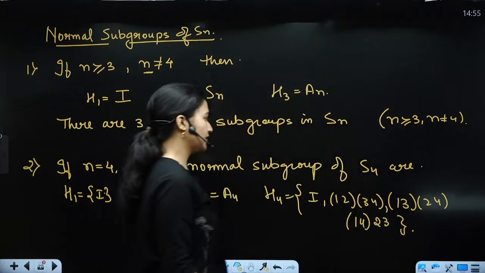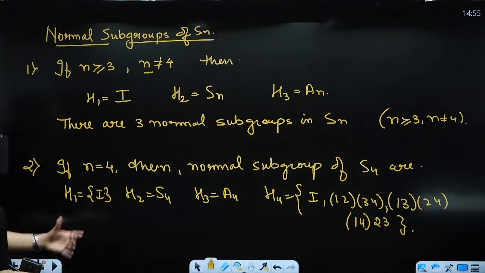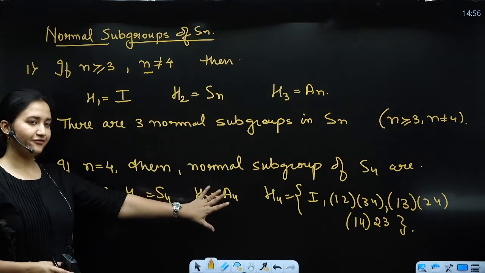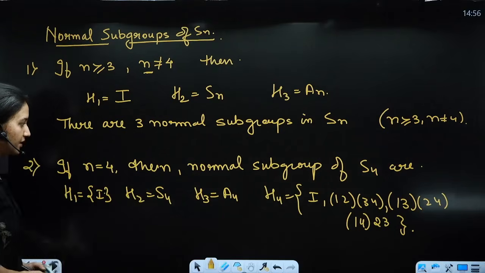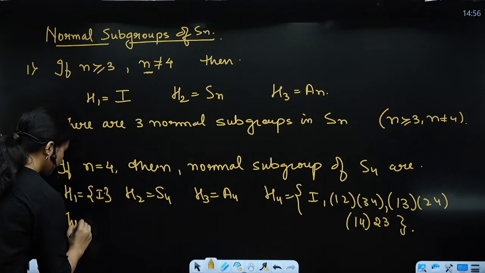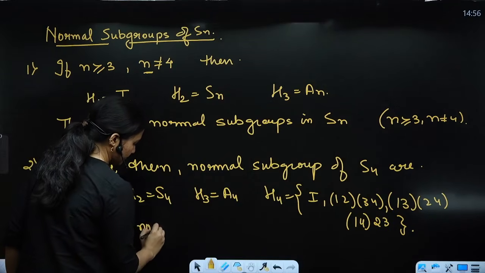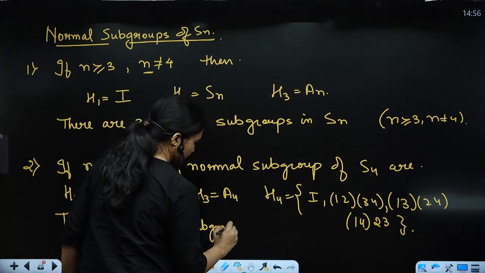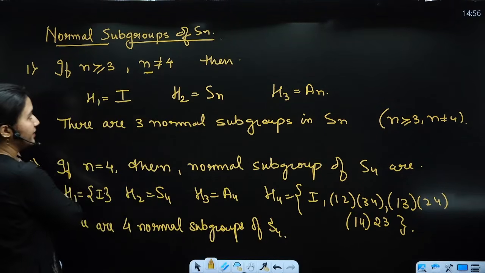Okay, so there are a total of 4 normal subgroups of S4. That is going to be your identity, S4 itself, A4, and then H4, right? अब H4 A4 का subgroup है, that means it is going to be also a subgroup of S4. Clear? So this implies that there are 4 normal subgroups of S4, right?